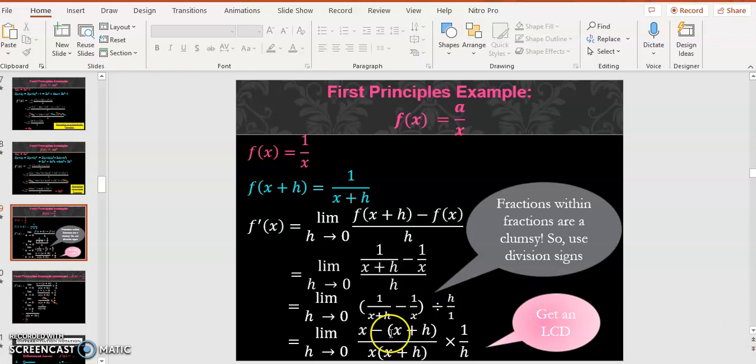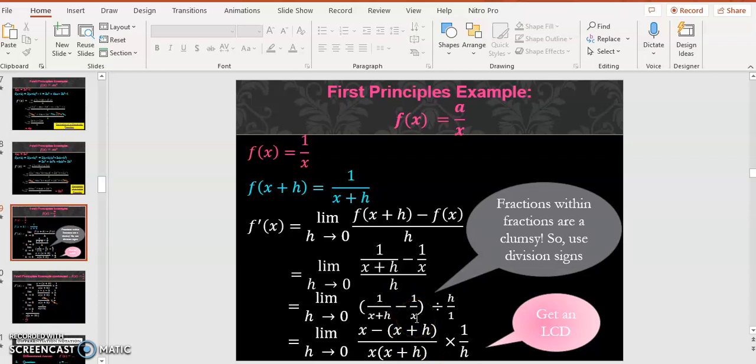Okay. Then the next thing we are going to do is simplify. So to simplify this one, our division sign is this. The simple way of doing that is you multiply the denominators. So x times, brackets means times, x plus h. Now if you multiply the denominators, what you need to do is cross multiply.